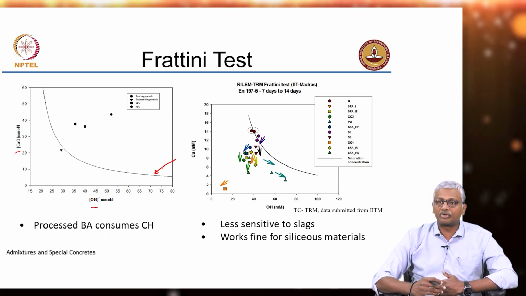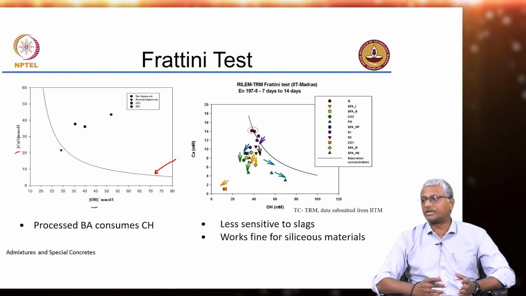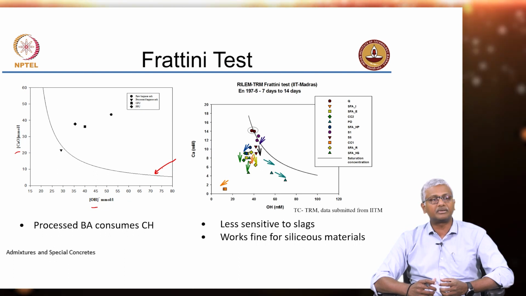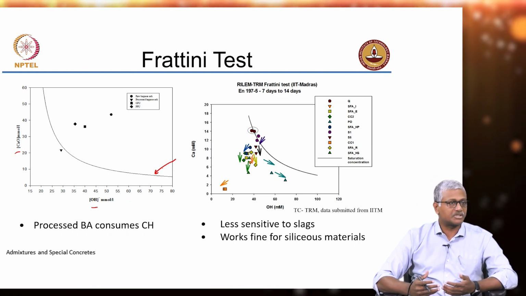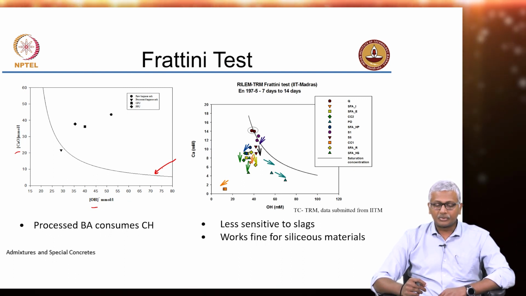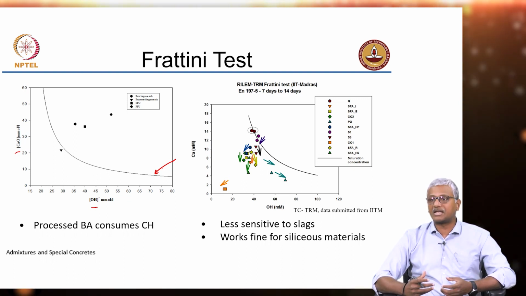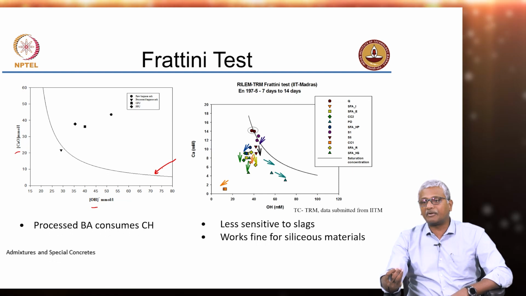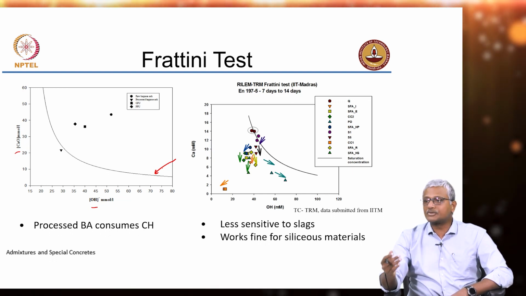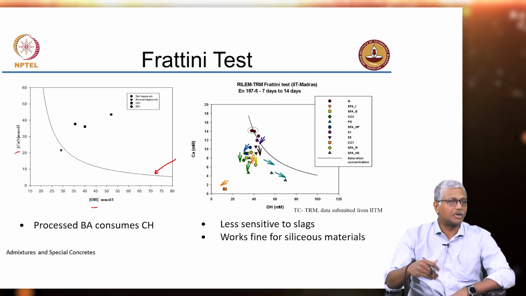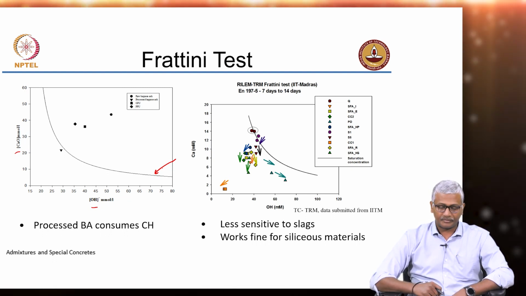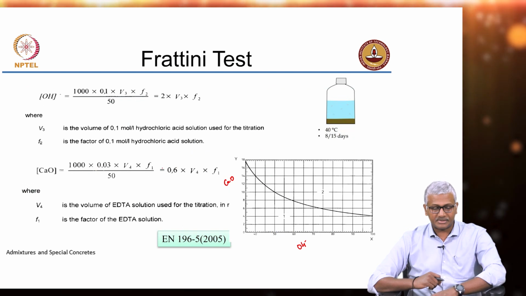Below this curve, if your sample produces a calcium oxide and OH minus content which is below this curve, that means it is sufficiently reactive, okay. So, when you have significant combination happening, the amount of free lime available in your system is going to go down, and that is indicated by points that are lying below this solubility curve, okay. And that is what this is also indicating.